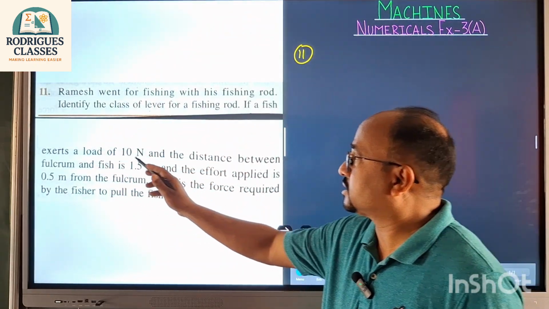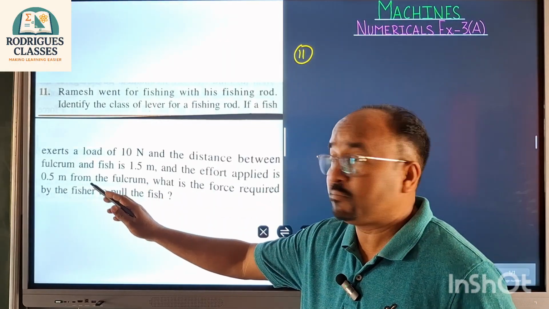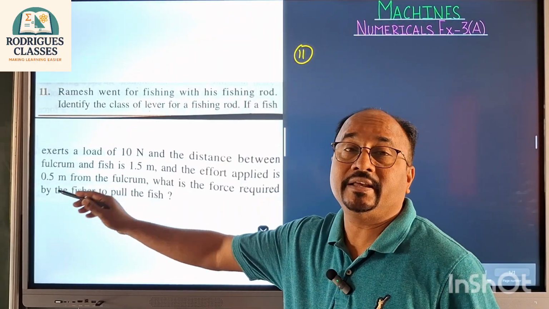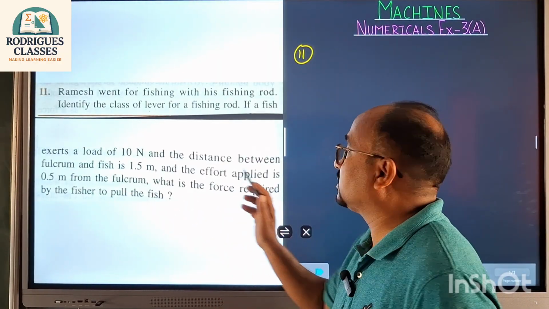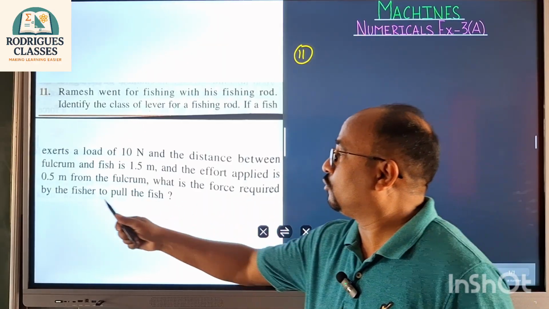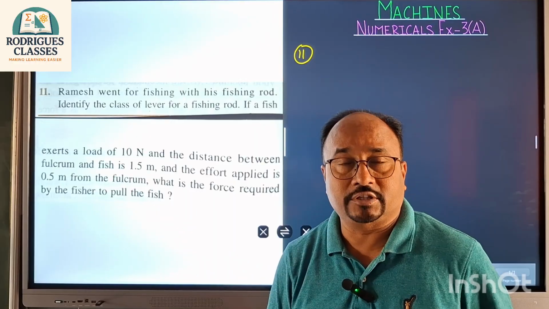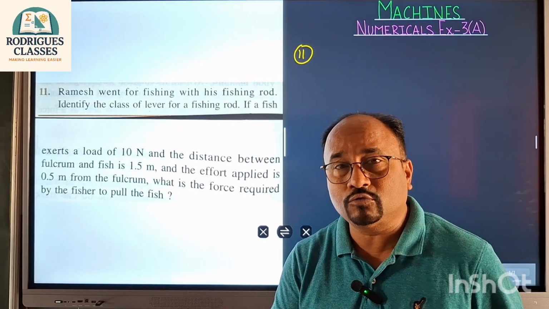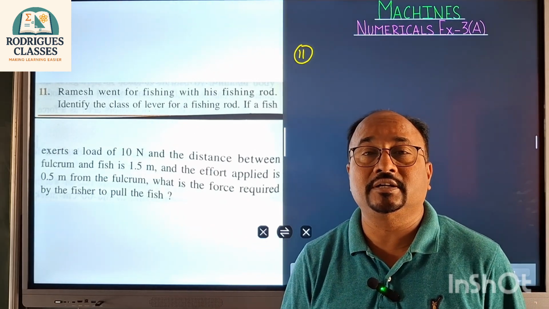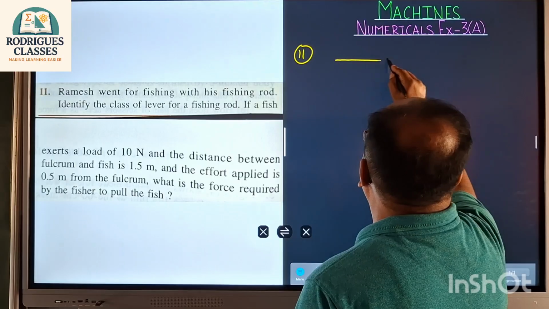If a fish exerts a load of 10 Newton and the distance between the fulcrum and the fish is 1.5 meter and the effort is applied at 0.5 meter from the fulcrum, what is the force required by the fisher to pull the fish? You have gone through the chapter, you will know that a fishing rod is considered to be a third class lever. Let us see by a diagram.